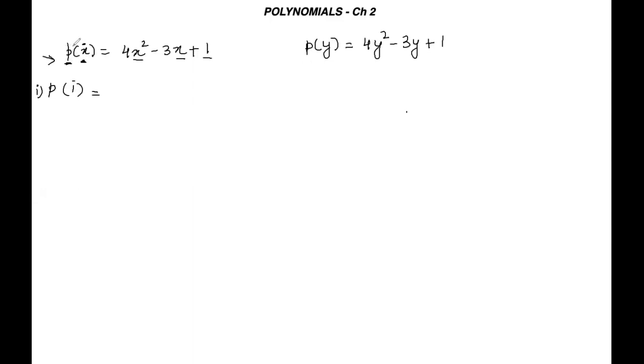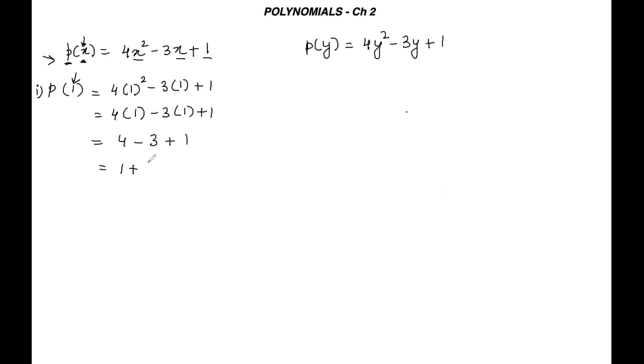Because here the polynomial was defined in the variable x, but now we need to put the value of x equal to 1. So instead of x, we will put 1. So it will become 4 minus 3 plus 1. This is equal to what?